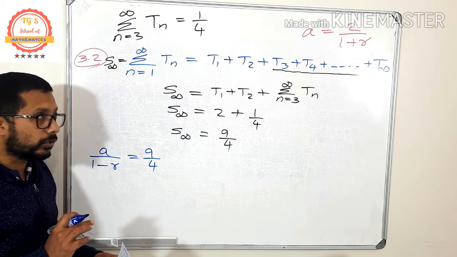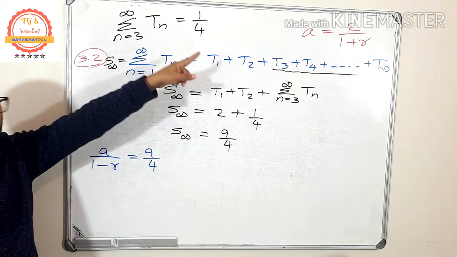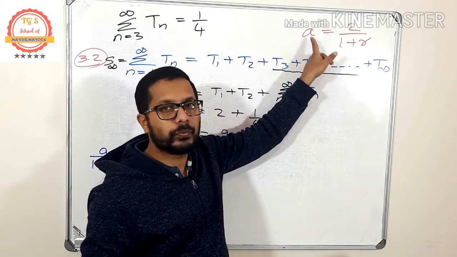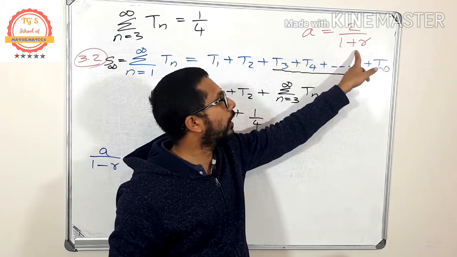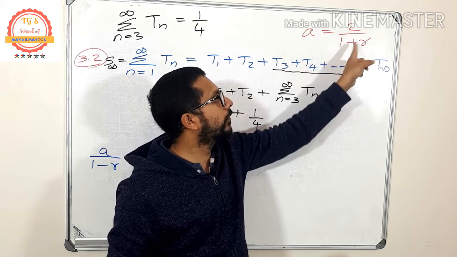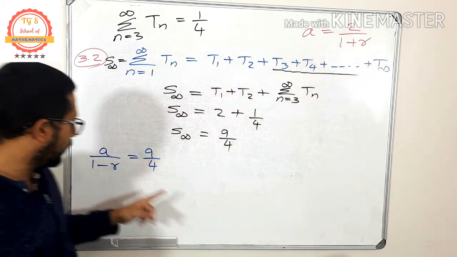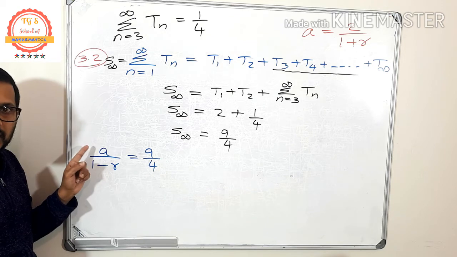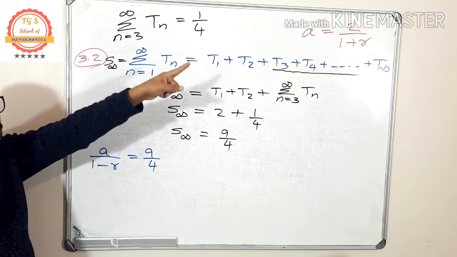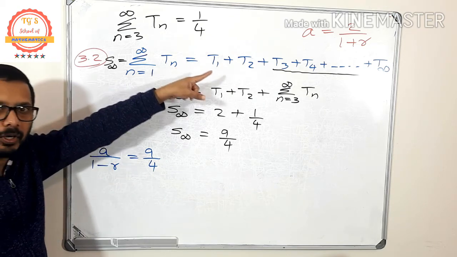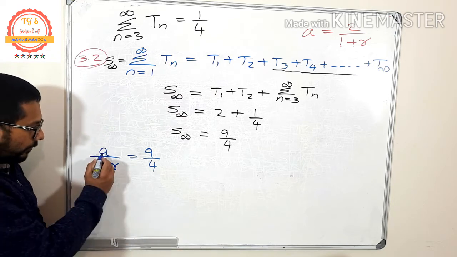But here, look at that corner, we have an expression for A in terms of r. What is that? 2 divided by 1 plus r. Look at this one, we have an A here. Instead of this A, what can we substitute? That 2 divided by 1 plus r. So look at what I am going to do.